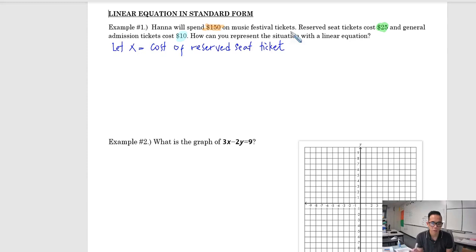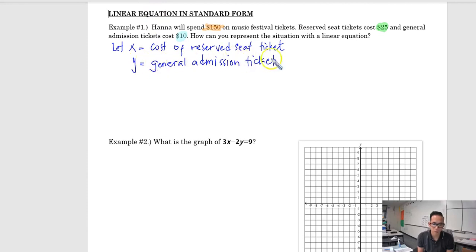But we have the amount already for each reserve seat ticket. And then we also let y be the general admission ticket. How many tickets? Still we do not know. But we have the amount for each ticket.